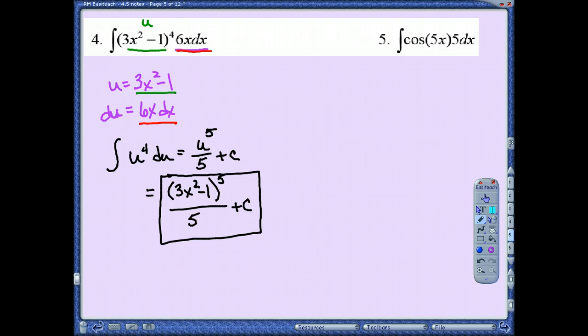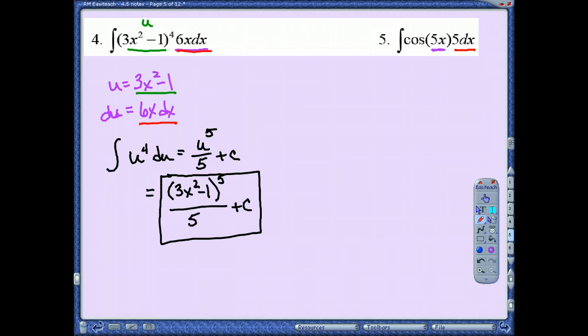Okay. So number 4, I had a quantity being taken to a power. That screams u substitution. Number 5, I have an angle that's not a 1x. Screams u substitution. Now, this is what I'm going to let u be. Look at what we have left. We have 5 dx.